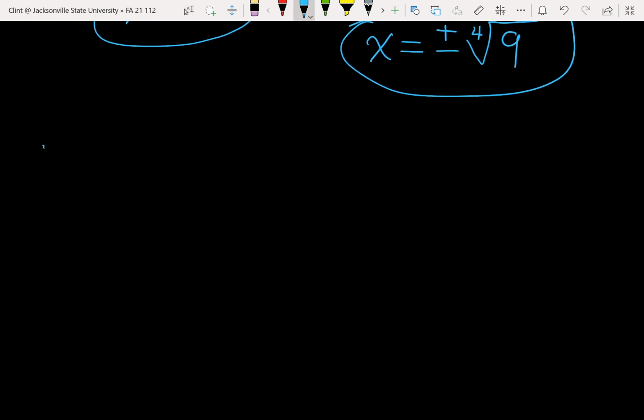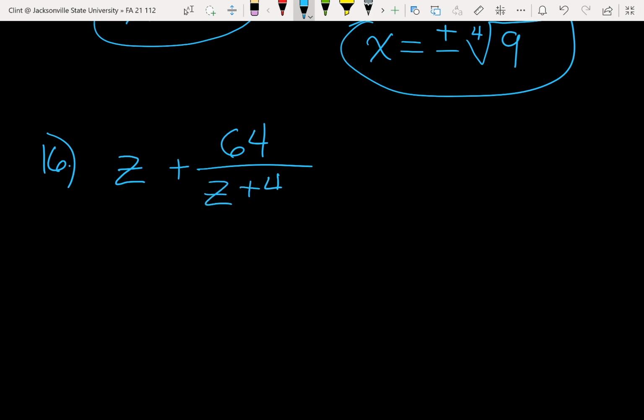Okay, 16. Let's find all real solutions. It gives us a rational equation. So we have z plus 64 over z plus 4 equals 12.